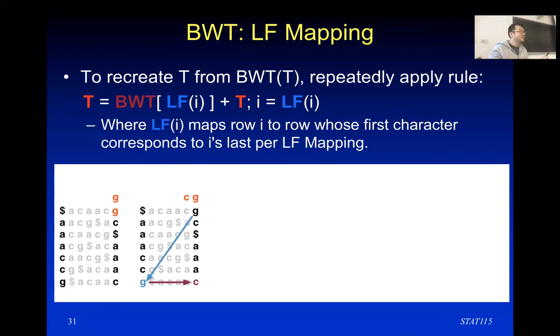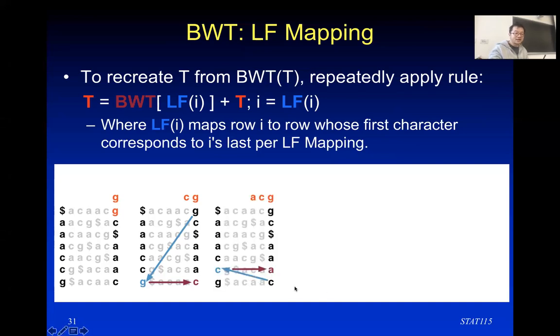And for this row in the BWT, it's a character C. So we know the nucleotide before G is C, then we add that to the reference genome. And this C is the second C in the BWT.